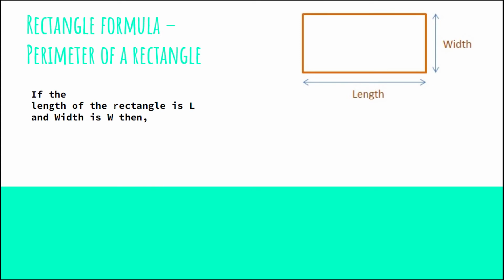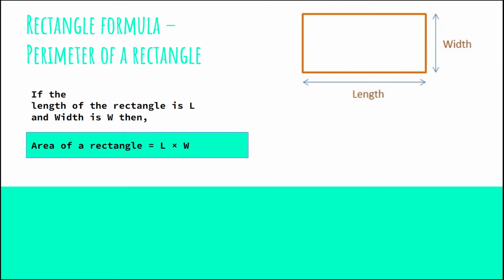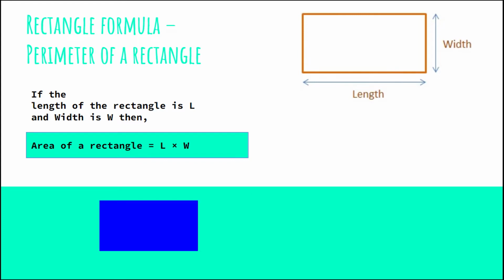If the length of the rectangle is L and width is W, then the area of a rectangle is L times W. Since the area of Goergie's house, the playground, and the garden is 58 square meters, we have to subtract it from the area already surrounded by Goergie's fence.